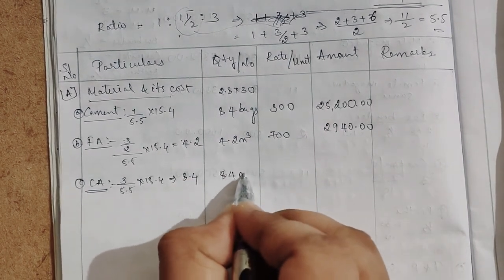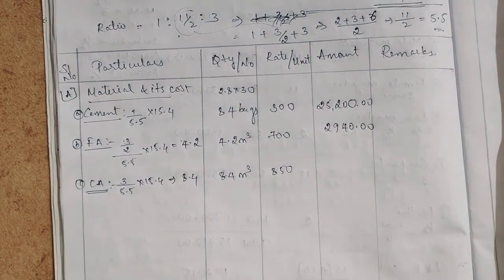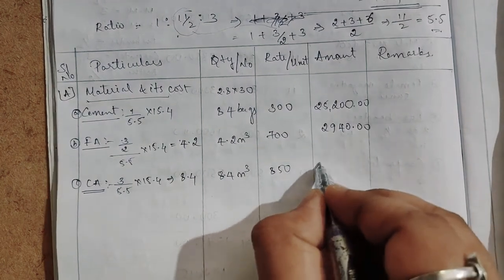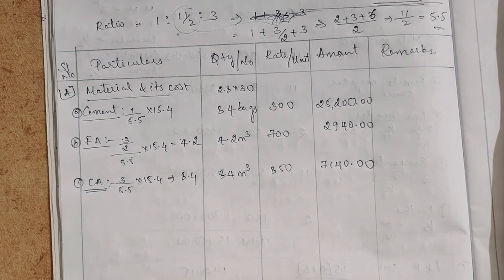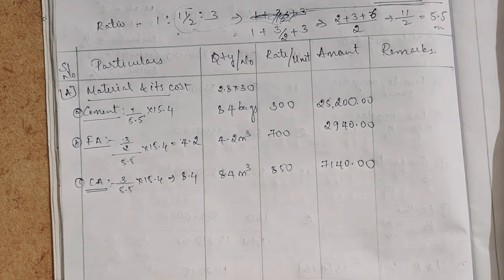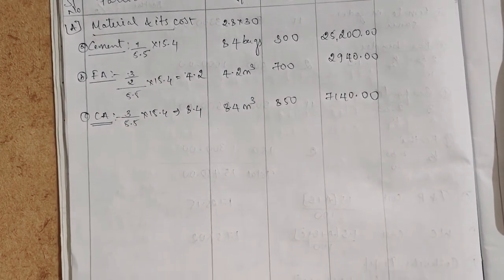So 8.4 meter cube into 850 rupees. 850 into 8.4 will be 7140 rupees. So we just calculated, as per the ratio, cement, fine aggregate, and coarse aggregate.